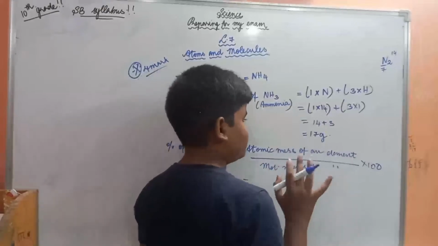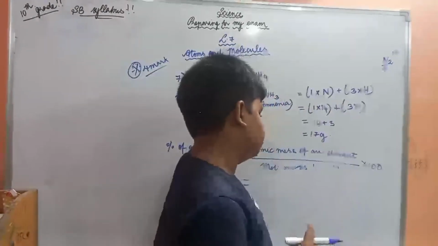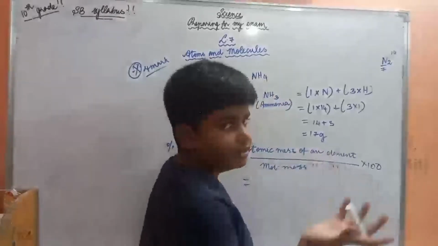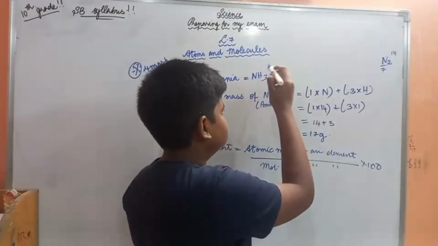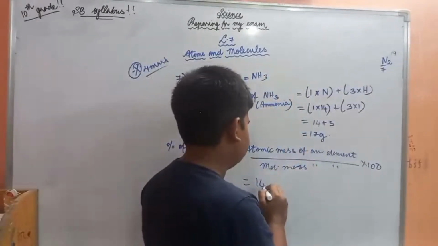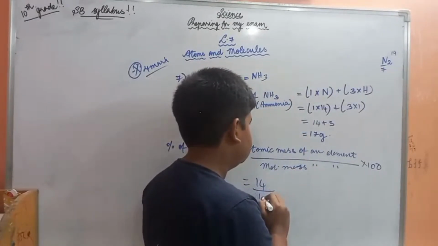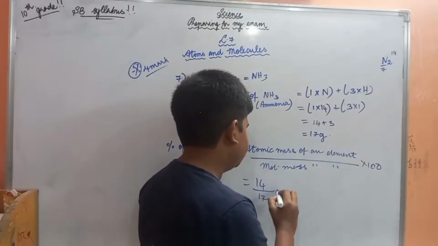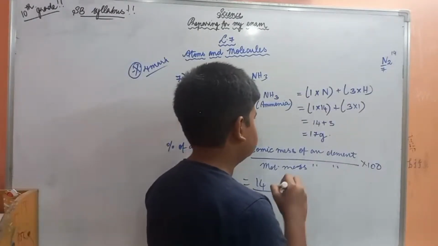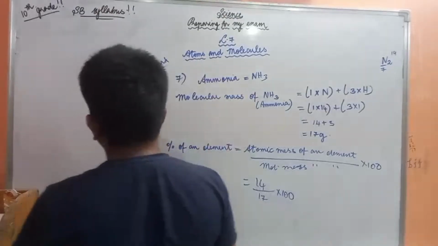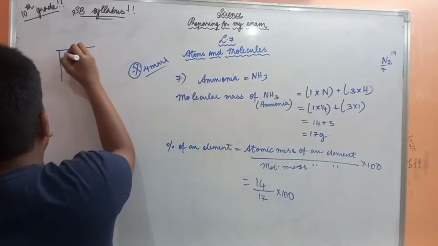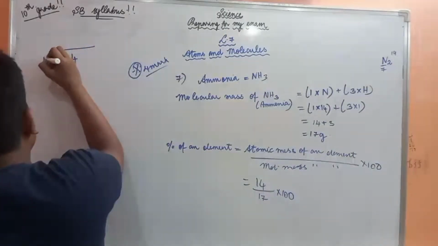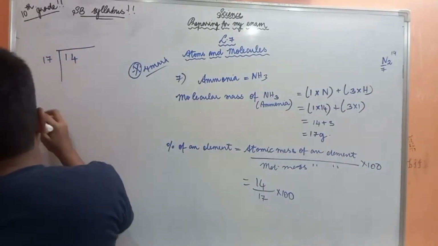The element we are finding is nitrogen in ammonia, so N, which is 14, by 17, times 100. We have to divide it, and it's a huge process.